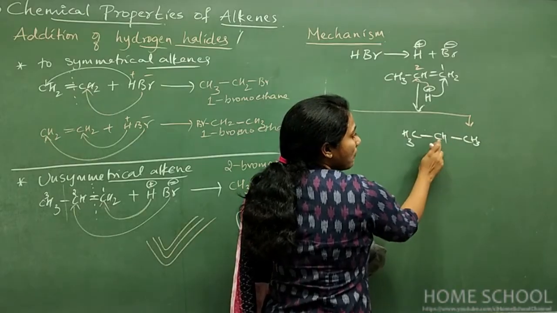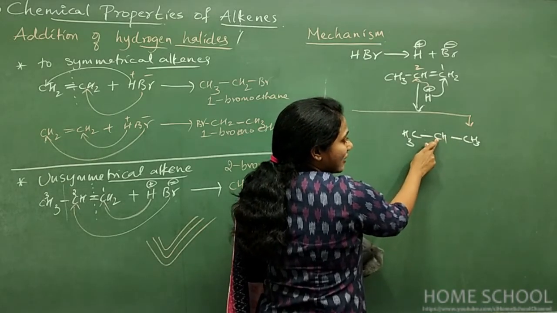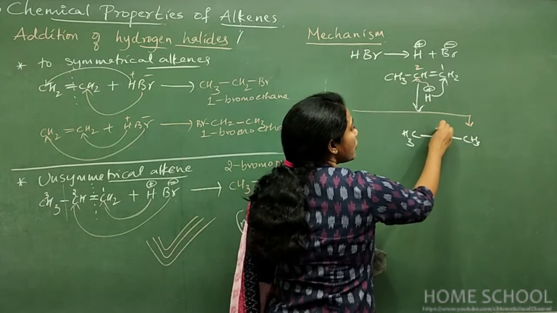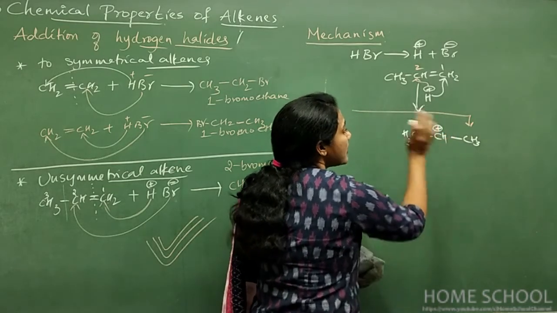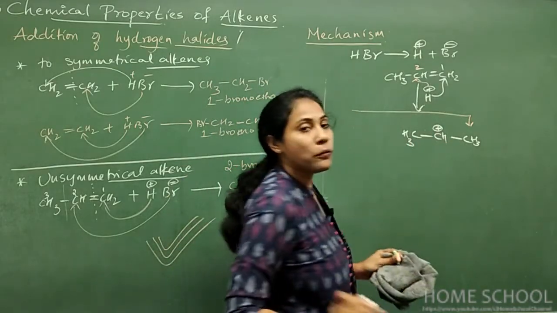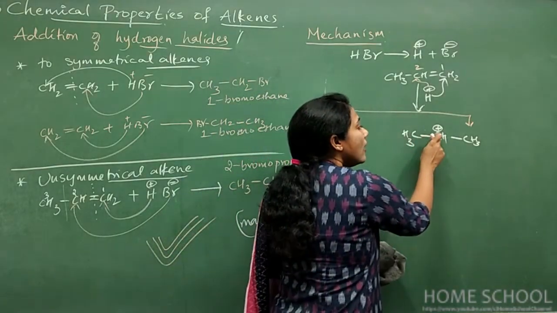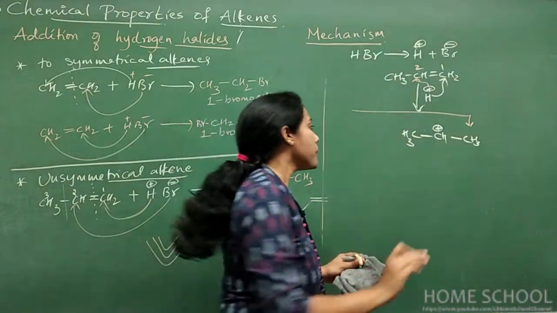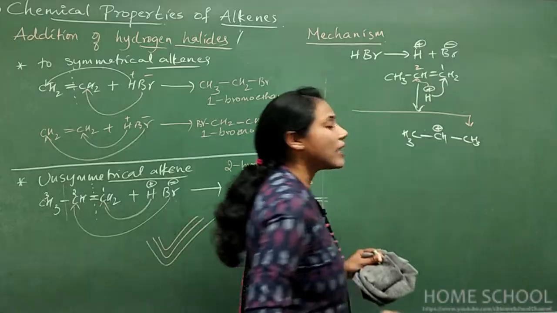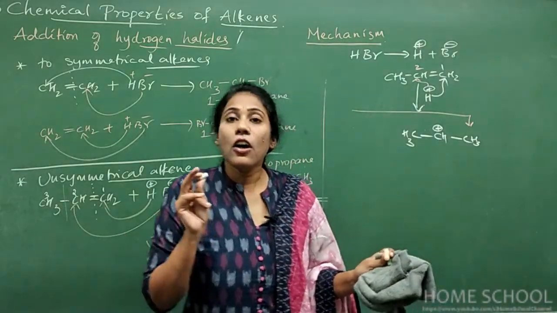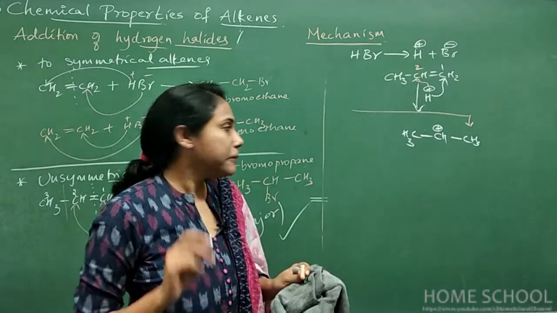There is no balance of valency here: this carbon should have 4 bonds, it has only 3. So you will observe a positive charge on this carbon. This is the intermediate you will get. We call these carbocations. Whenever you have a positive charge on carbon, you call it a carbocation, as we discussed in our first organic chemistry chapter.